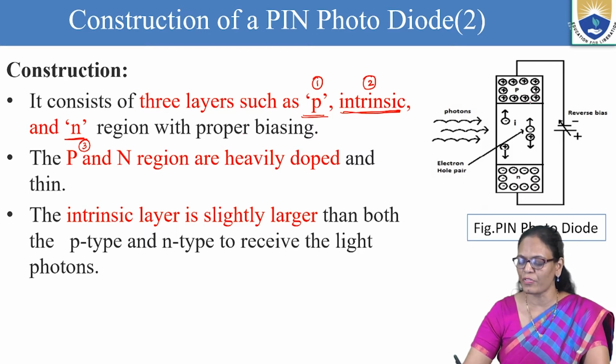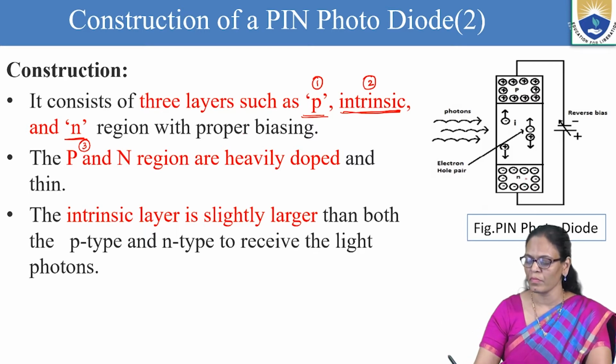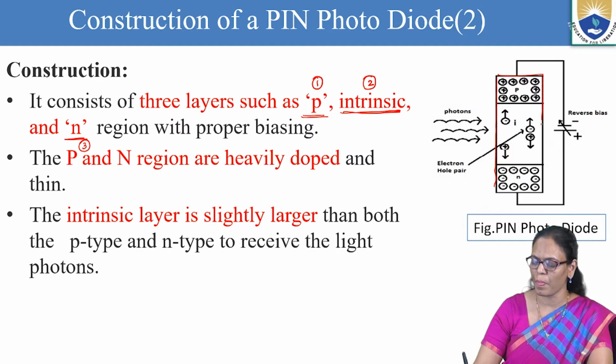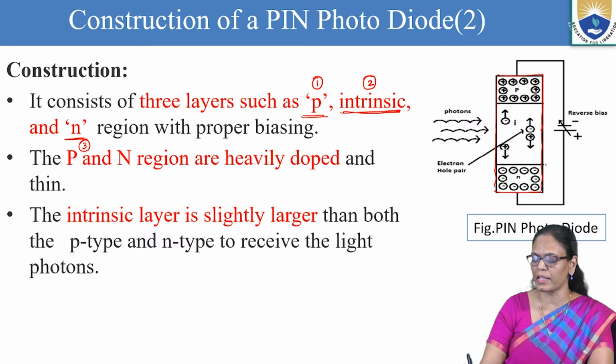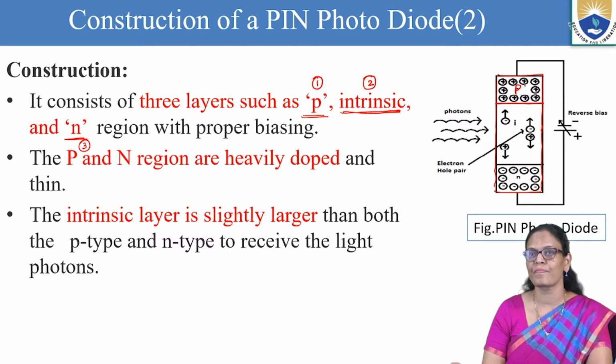If you see the figure here, this is the photodiode we have taken. And here there are three regions. This is the first region, which is the P region. And then the second region, this is the intrinsic region.